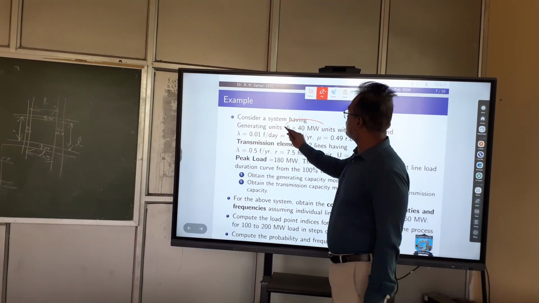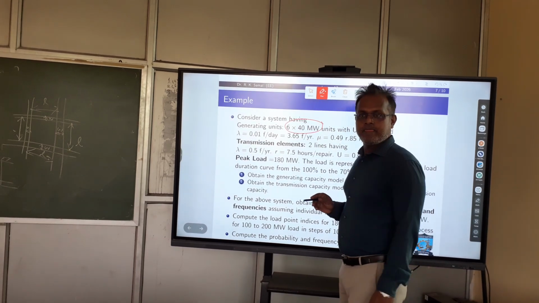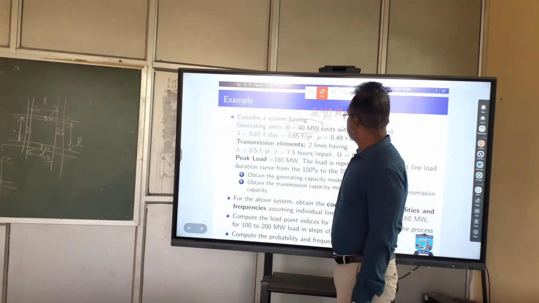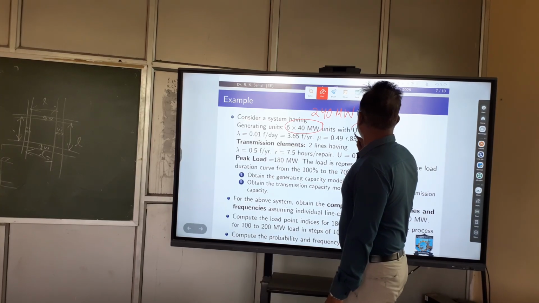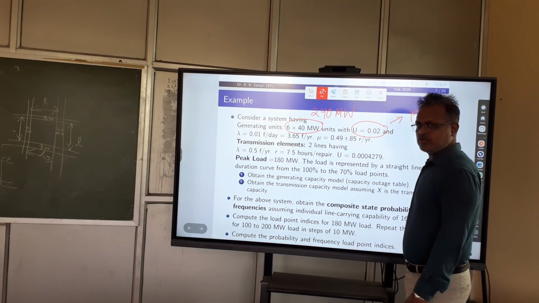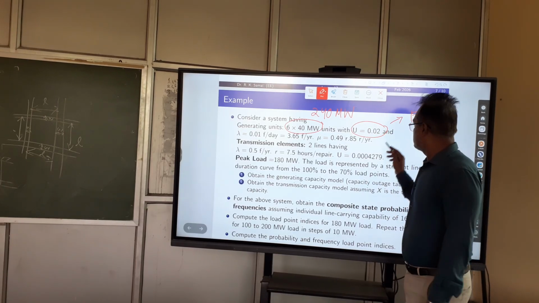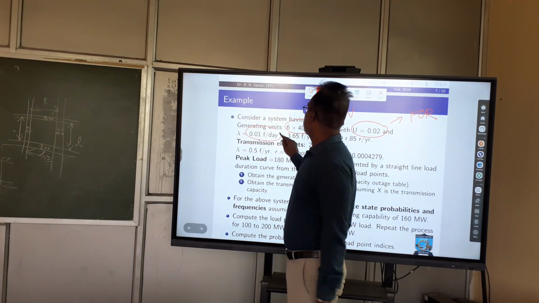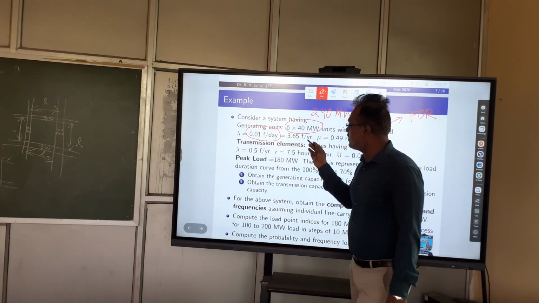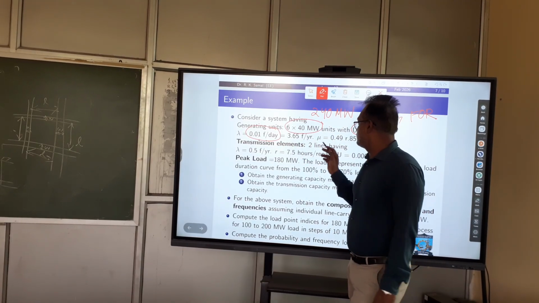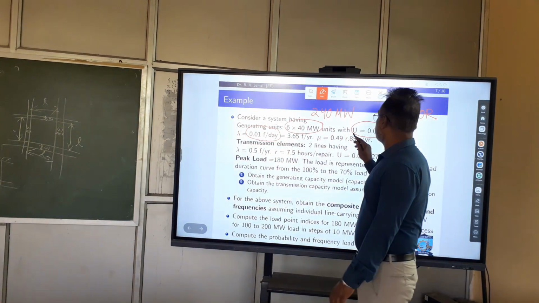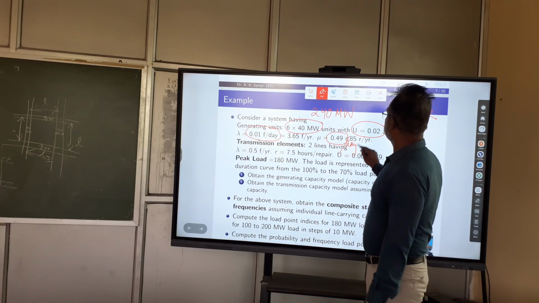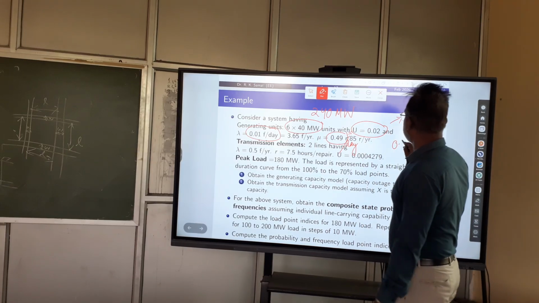The first is 6 into 40 megawatt units. What is the capacity of the system? 6 into 40, that is 240 megawatt. Now, unavailability is 0.02, which is the FOR. Lambda is the failure rate, 0.01 failures per day, which is 3.65 failures per year, multiplying by 365. Similarly, mu is the repair rate, 0.49 repairs per day, which must be equal to 0.49 into 365.